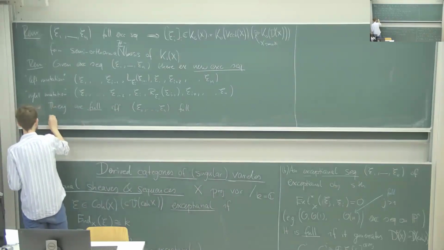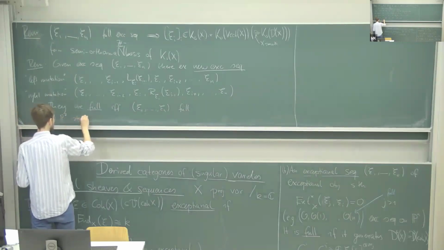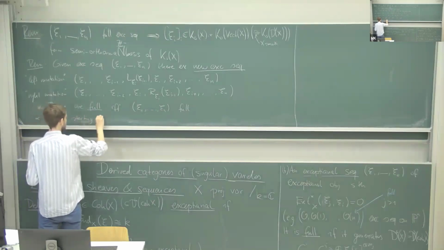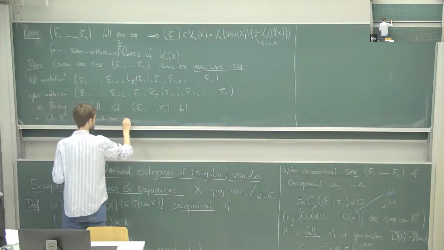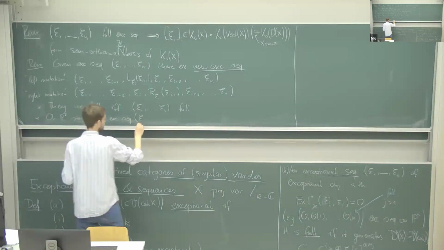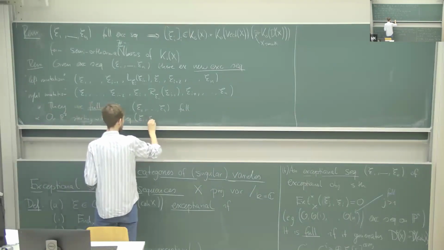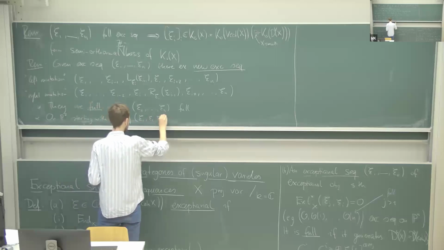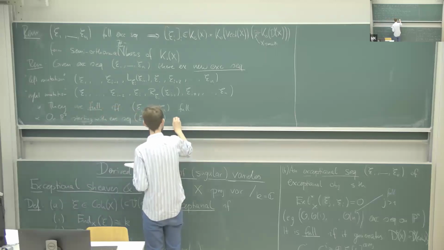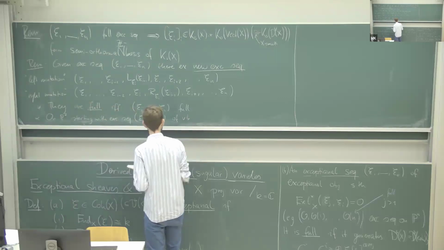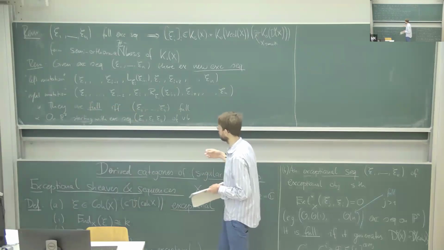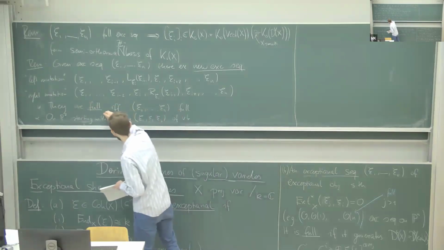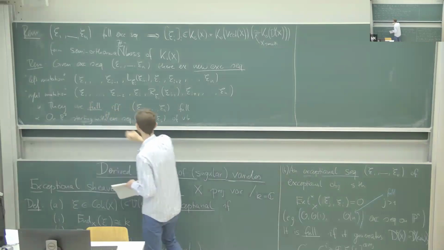On P2, if we start with an exceptional sequence of length 3, E1, E2, E3 of vector bundles, or sorry, this is actually a full exceptional sequence, but it doesn't really matter.